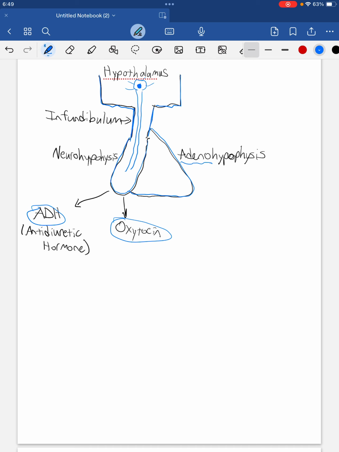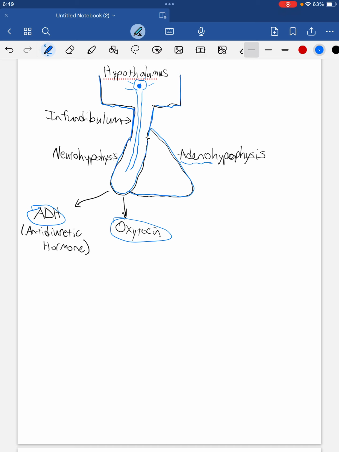This effect of inhibiting the release of ADH also causes some of the symptoms of a hangover, like dehydration, right? You're urinating out all of your water. Headache, fatigue, nausea, all of those things are caused by that inhibition of release of ADH.